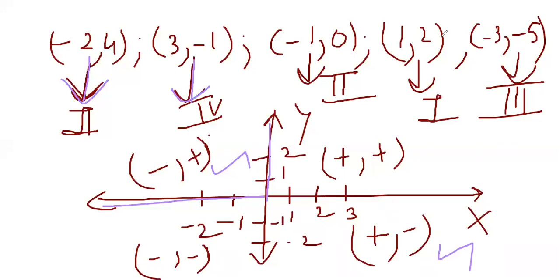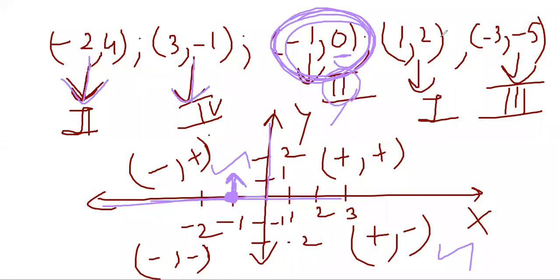Third, x negative, y positive, y 0. Okay, this is wrong. This point is -1, 0. You have not seen it's 0. 0 कहाँ पे आएगा? Yes, Purti, I'm getting your question. This one is -1, 0. ये क्या है आपके पास?